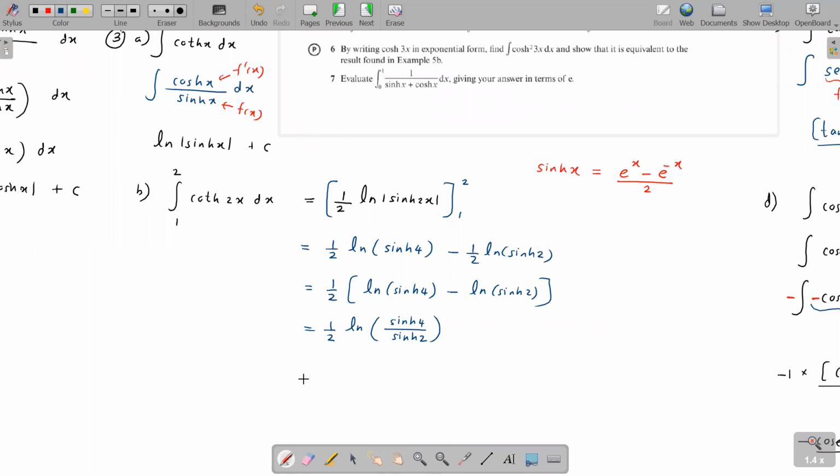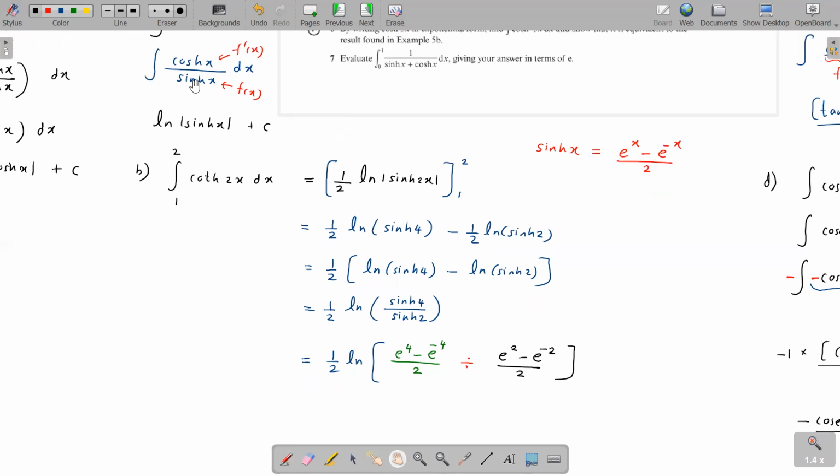So use that: half ln, sin 4 will be e to the power 4 minus e to the power minus 4 over 2. And instead of writing this again like a big division, I'll put the division sign here. Divide by sin 2, which gives me e to the power 2 minus e to the power minus 2 over 2.